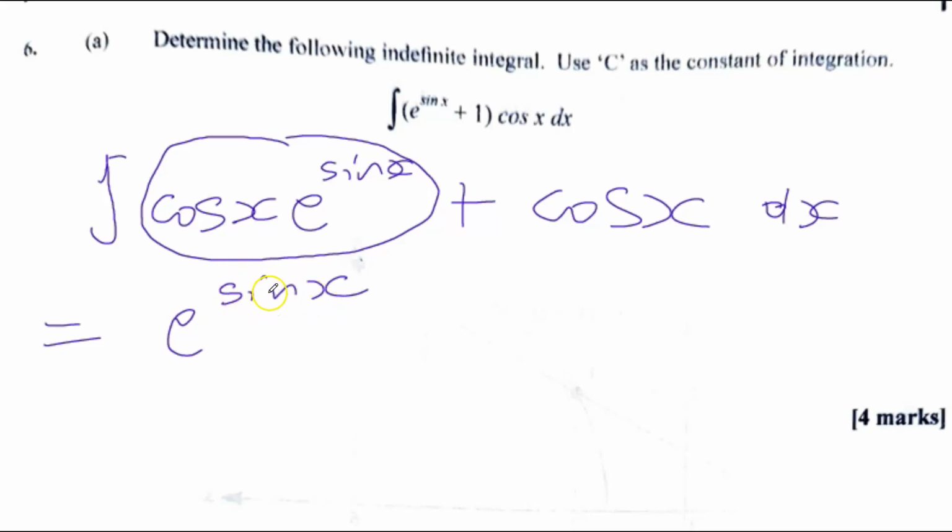Differentiate sin x, you get cos x, multiply to the front, and you get what we have above. So the integral of cos x e to the sin x is simply e to the sin x, because when you differentiate e to the power of sin x, you get what we have above. And again, integrate cos x, you get sin x, and for the same reason, when you differentiate sin x, you get cos x.